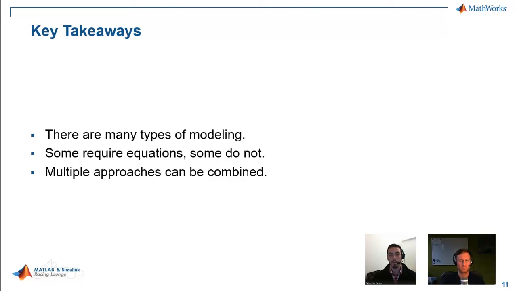It might be way too much detail for a large-scale system simulation. At that point, you can use some of the data approaches to create a simplified behavioral model that just approximates the behavior of your electronics, and it gets you a faster simulation for the whole vehicle.